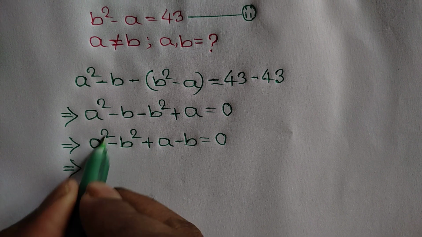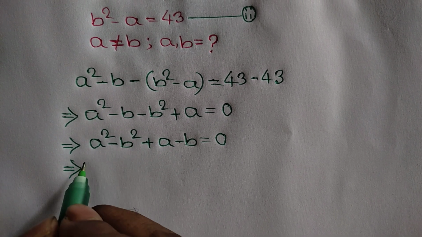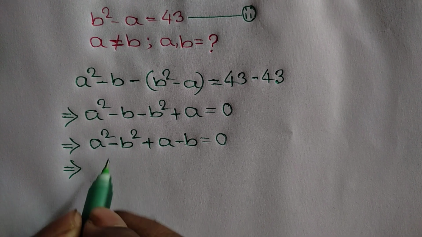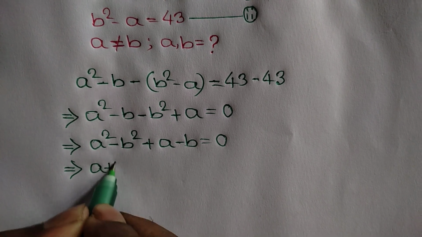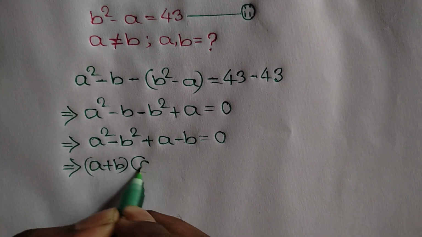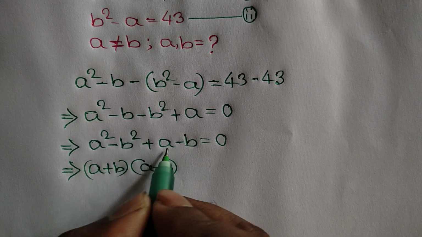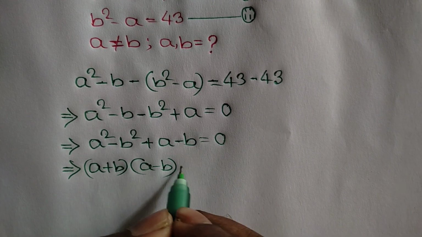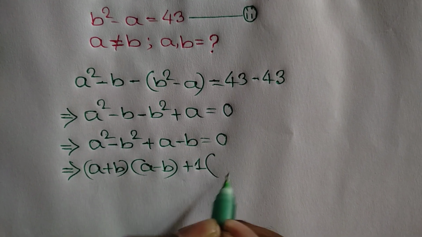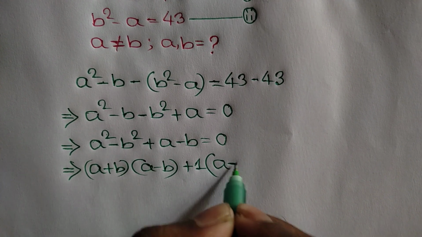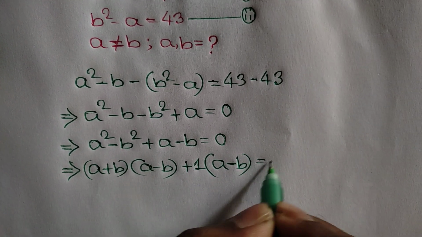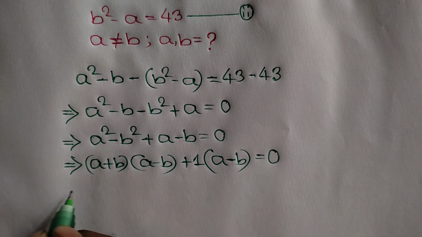Applying the formula a square minus b square is equal to a plus b times a minus b, we can write here a plus b times a minus b, and taking common 1 from the last two terms, we get plus 1 times a minus b is equal to 0.